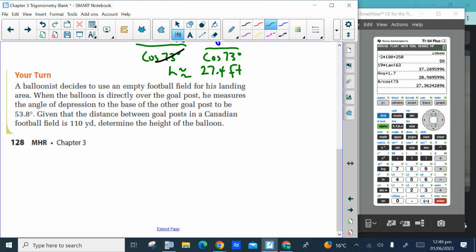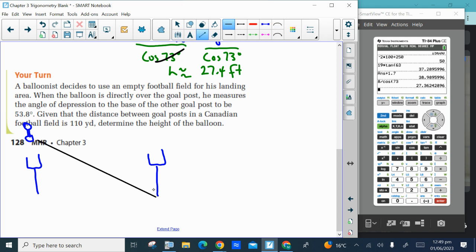height of the balloon. So, if we draw a diagram of what's happening here, you've got one goalpost, and then you've got your second goalpost. The hot air balloon is over top of one goalpost, and the angle of depression down to the other goalpost is 53.8 degrees.